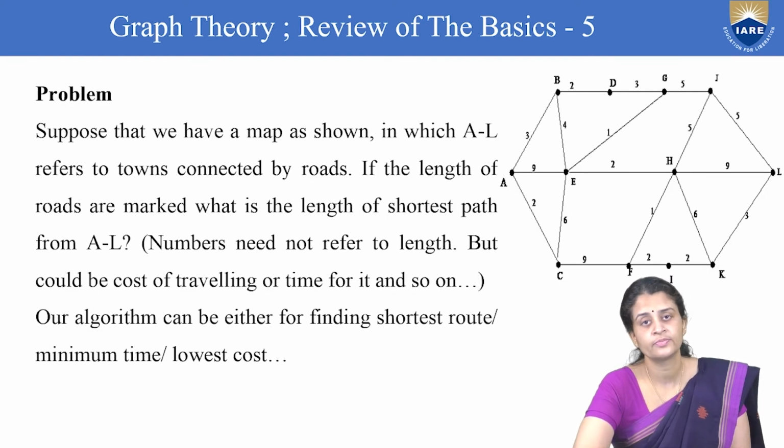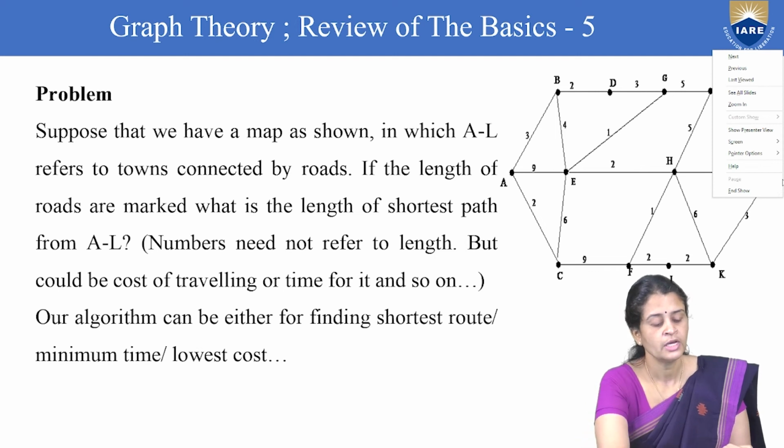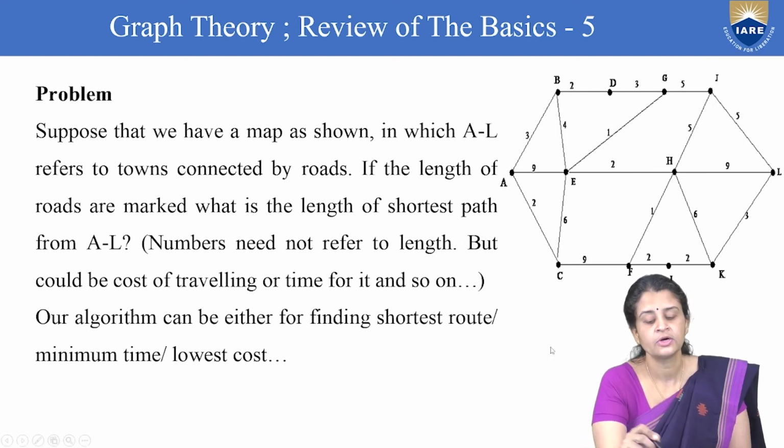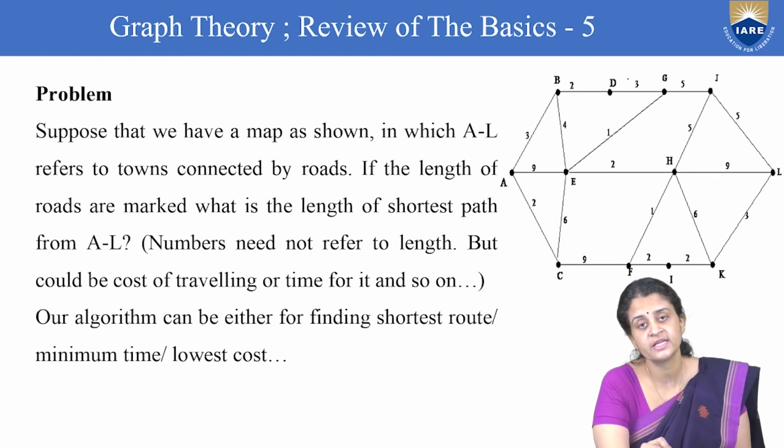Consider this problem. Suppose we have a map like this, with places named A, B, C, etc. to L. If the lengths of roads are marked on these edges, that is, every edge has been assigned a weight, it is a weighted graph.